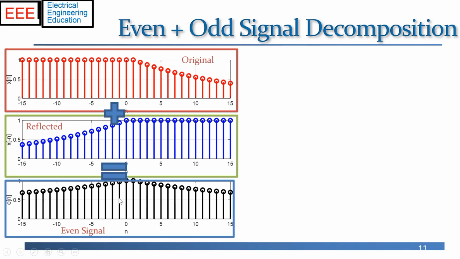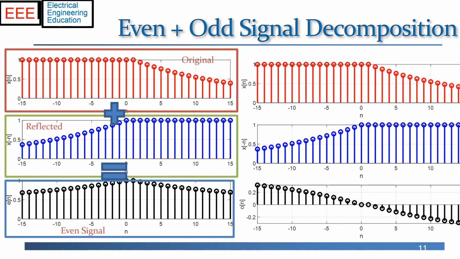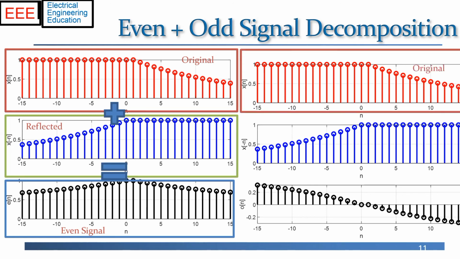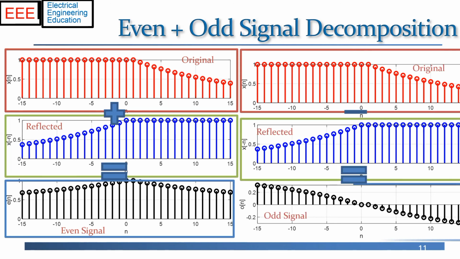And very interestingly, you can see that this signal in fact has even symmetry. Similarly, we'll take this exact same signal x of n and we will time flip it around the n equals 0 axis and then basically negate its values. In this case, we're subtracting. And if you take this signal and subtract, you will generate this signal.